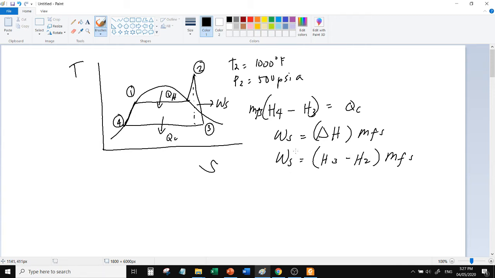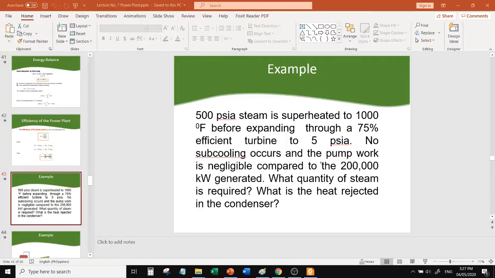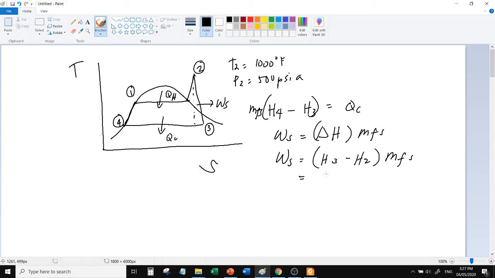The work shaft is given, 200,000 kilowatts. But we don't know H2 and H3. We start there. Since it is superheated at point 2, at point 2, it is superheated.